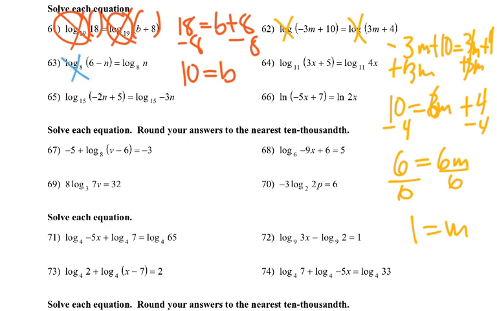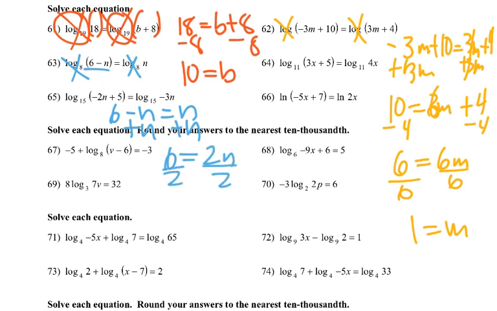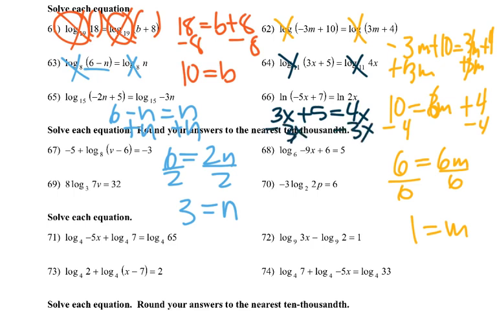63, those cancel out, we're left with 6 minus n equals n. Add n to both sides, we get 6 equals 2n, divide by 2, and 3 would equal n. Looking at 64, cross those out, we get 3x plus 5 equals 4x, subtract 3x, and we get 5 equals x.